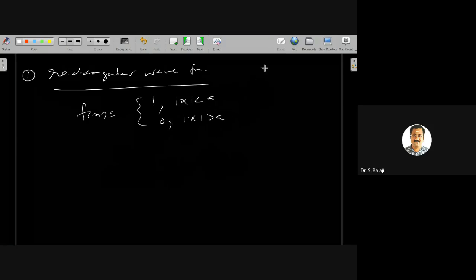This is also called low pass filter function.